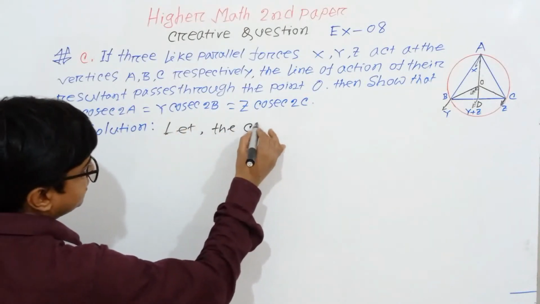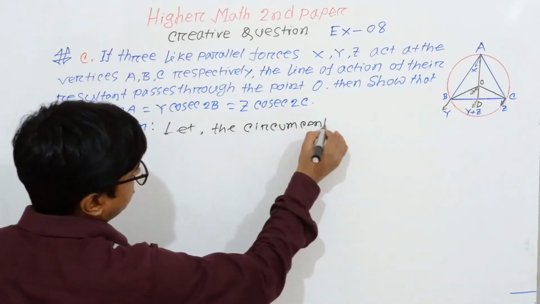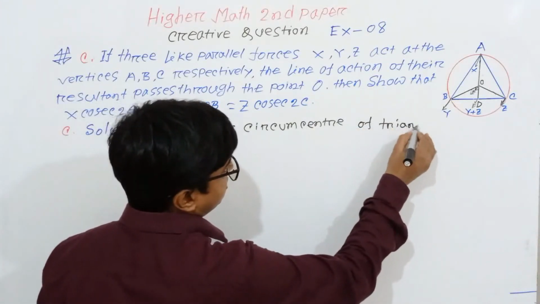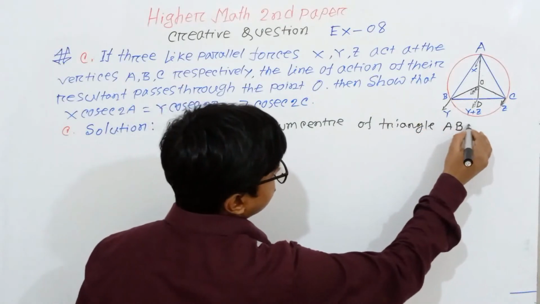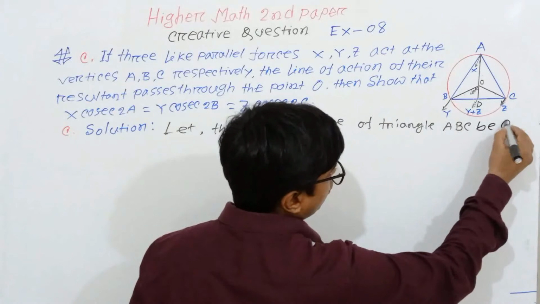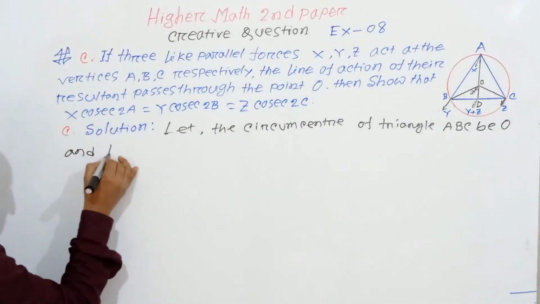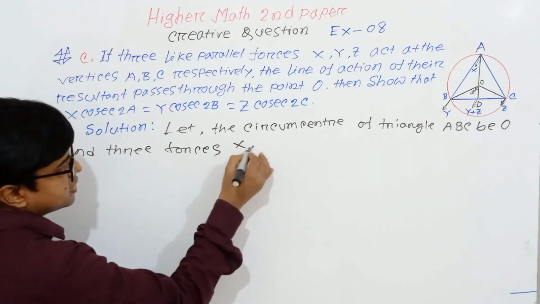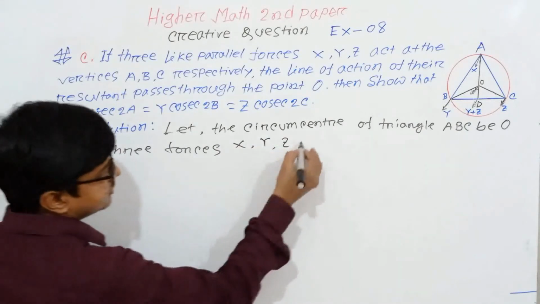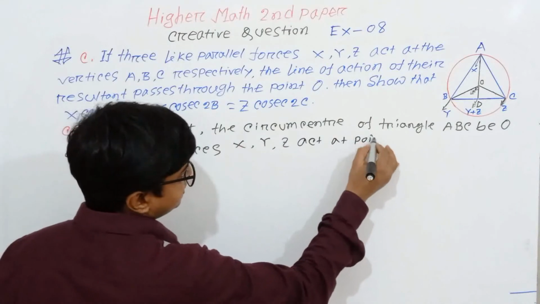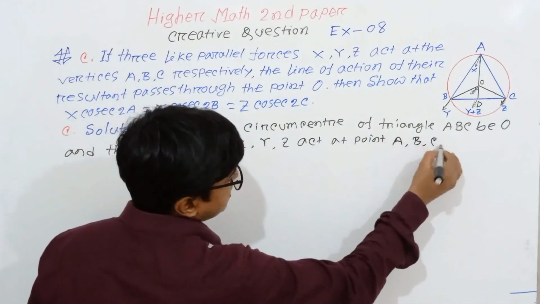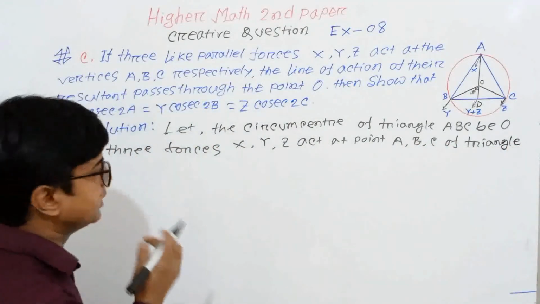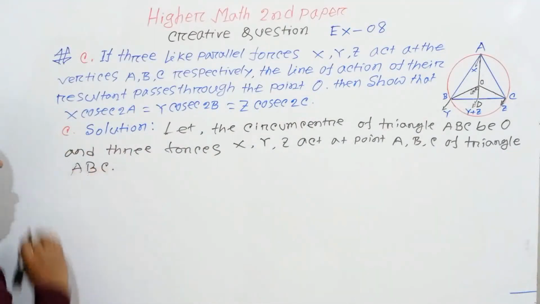the circumcenter of triangle ABC be O, and three forces X, Y, and Z act at points A, B, C of triangle ABC.